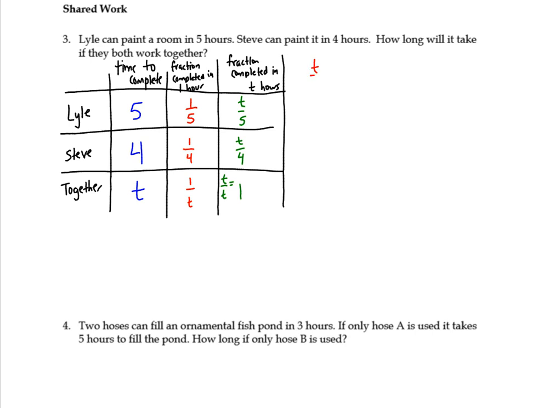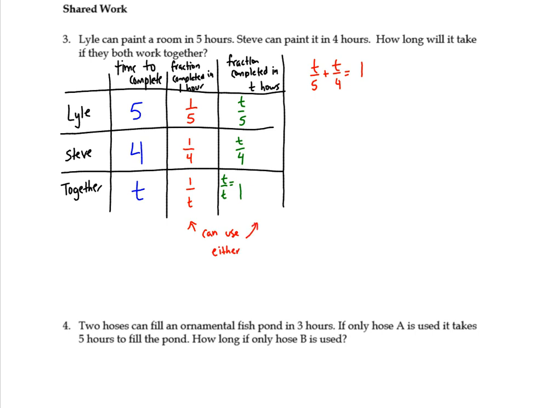So t over 5, Steve's portion in t hours, plus Lyle's portion equals 1, the total portion completed together. We can use either column, and I'll show you that in a second.